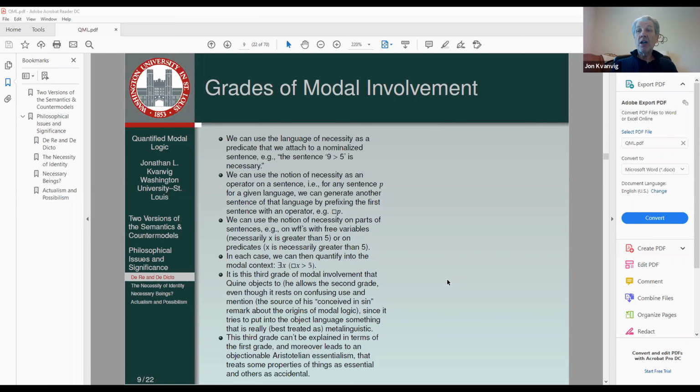And Quine thought the big problem here is that this leads to Aristotelian essentialism that treats some properties as essential properties and others as perhaps accidental. So what would be an example of an essential property? An essential property is one that you cannot exist and lack.